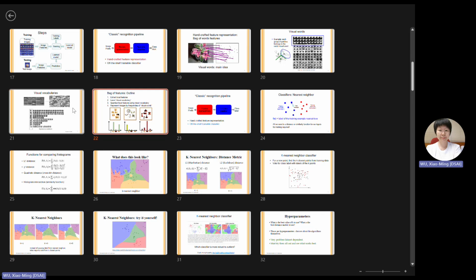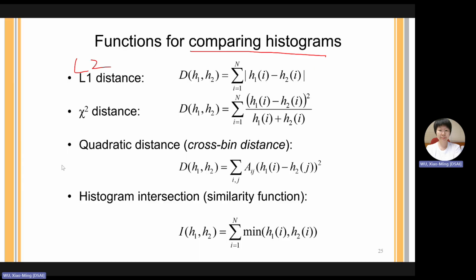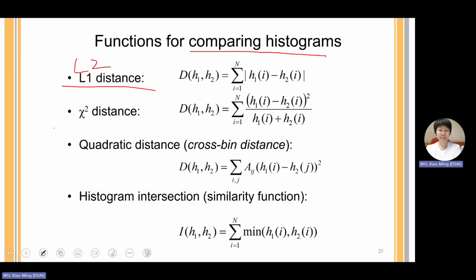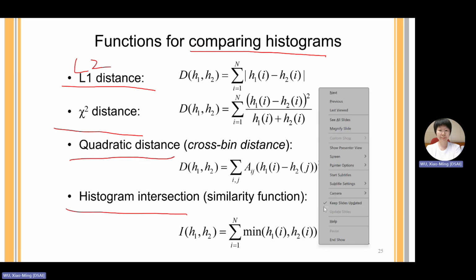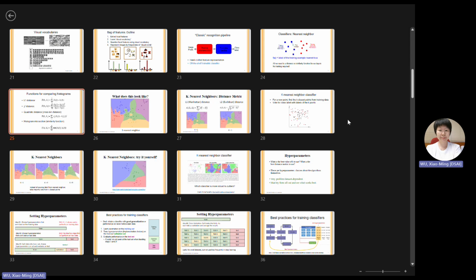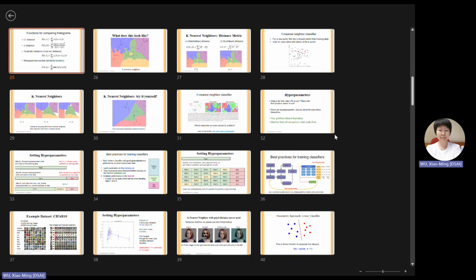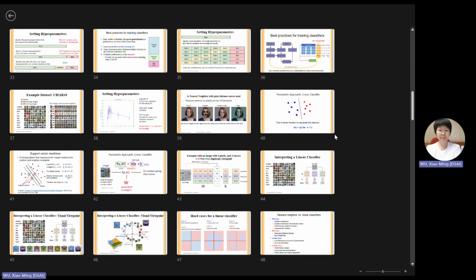But what if we represent an image using vectors?